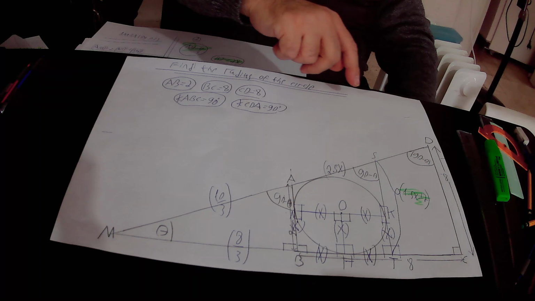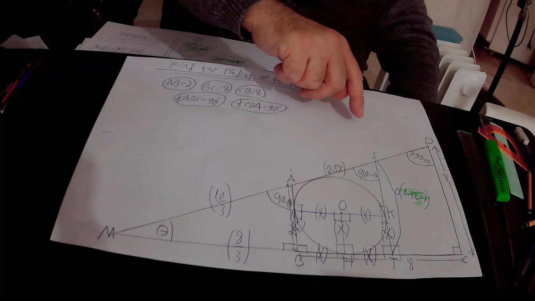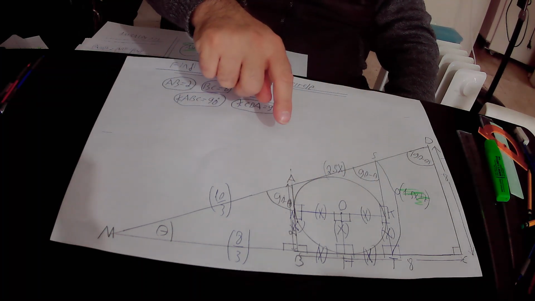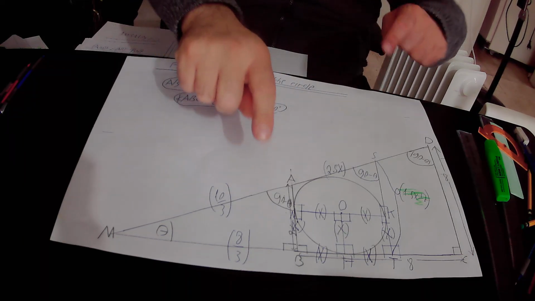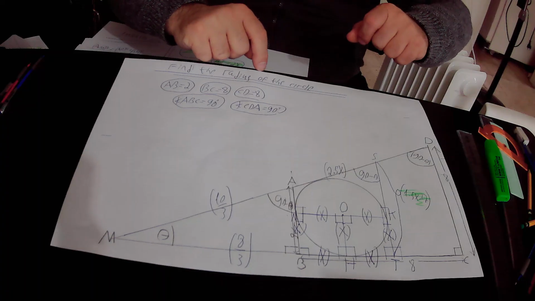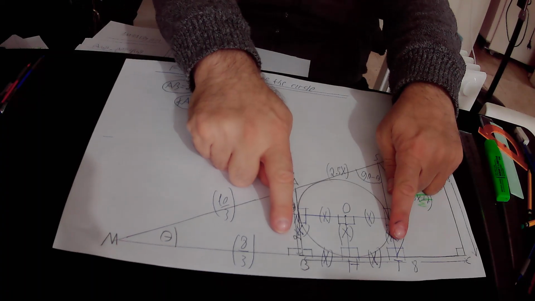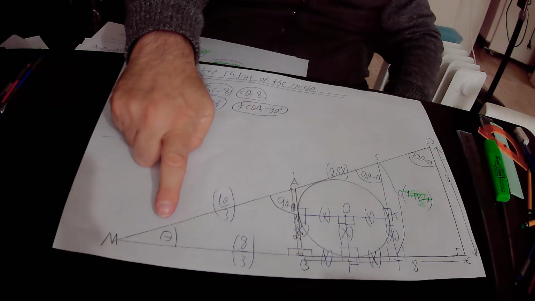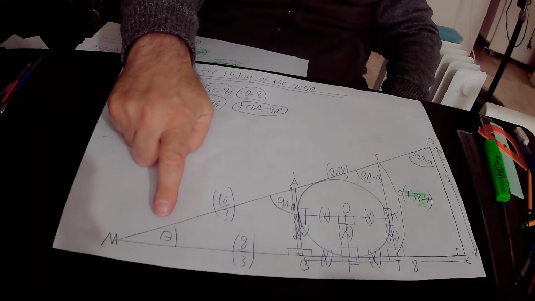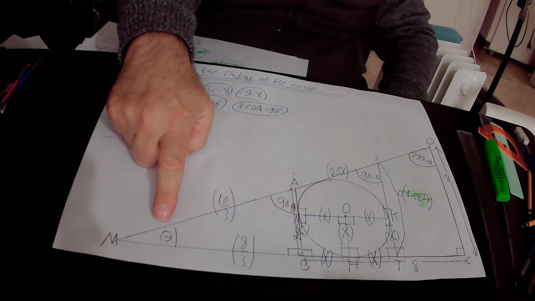Then we prove that the middle right triangle STM is similar to the smallest right triangle, triangle ABM. Why are those two right triangles similar to each other? First of all, those two angles are both equal to 90 degrees, therefore they are equal to each other. In addition, this is angle theta, a common angle that belongs to both triangles, so we can write down that angle theta equals itself.